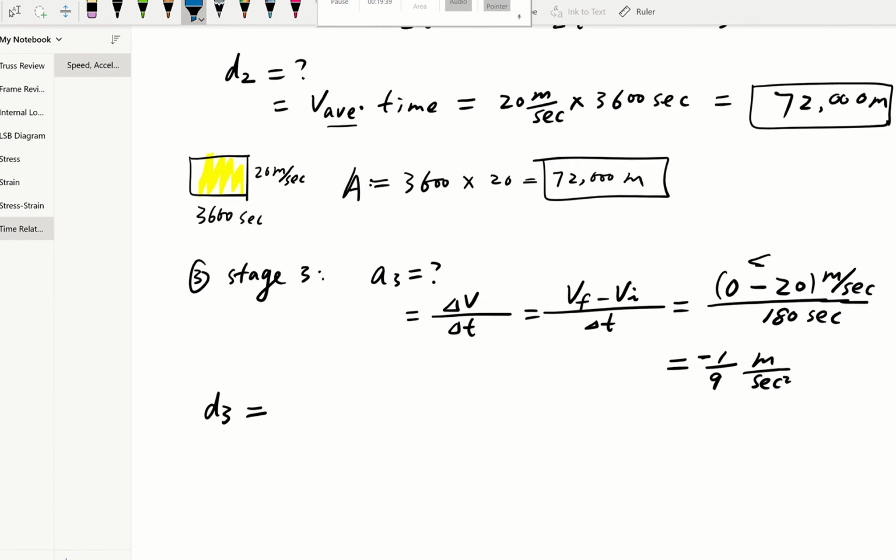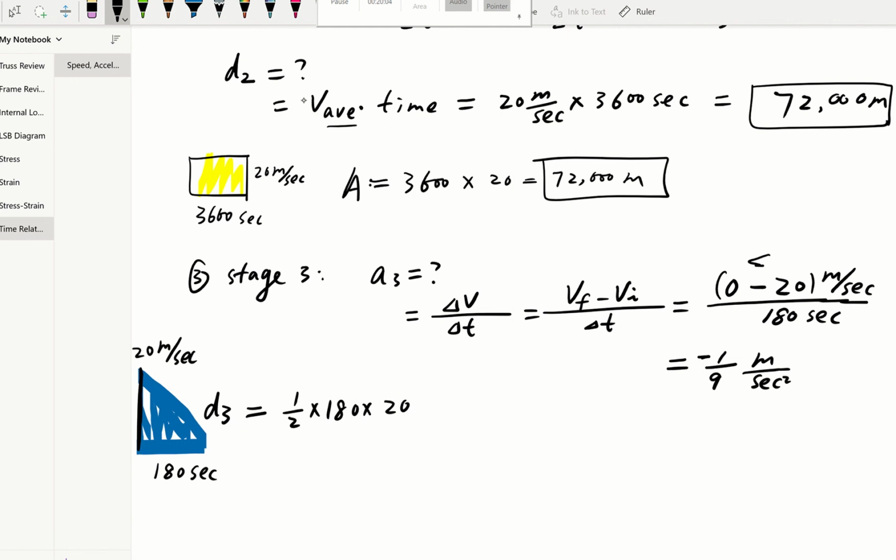For that triangle, the time is 180 seconds, and the height here is 20 meters per second. So using half base times height, we will get our answer of 1,800, and that's in meters.